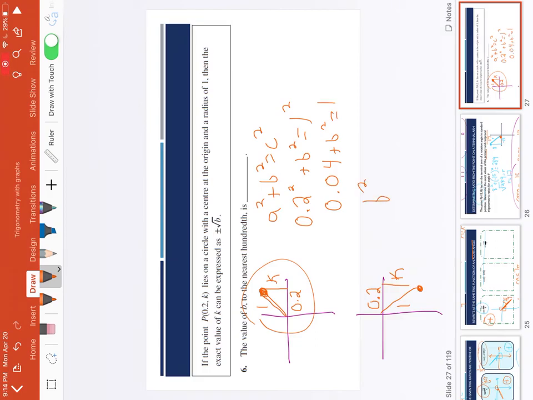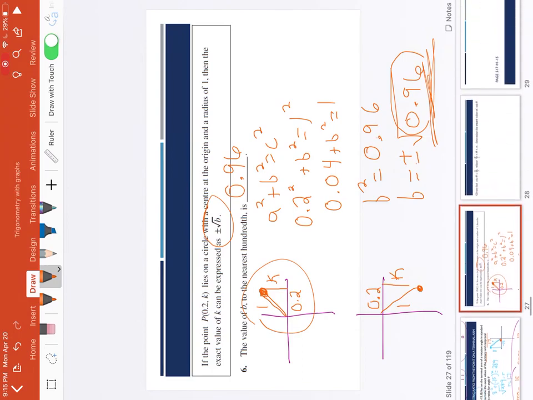So b squared ends up equaling 0.96, which means b equals positive or negative square root 0.96. And we're not actually going to type that 0.96 in our calculator, because notice in the answer the radical is still there. So it just wants the radicand, which is the 0.96. So that is our final answer.